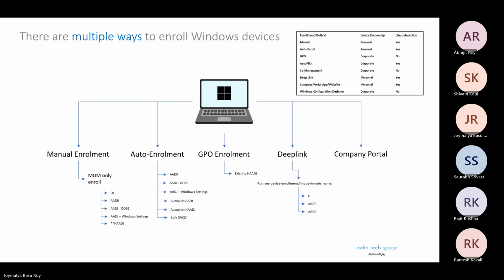There are a few of the management states and a few of the domain join states that are hardly coupled with each other, like the hardly coupled and loosely coupled concepts we learned about in school and college. I don't mean couple as in a relationship pair. So there are a few join states and management states which are hardly coupled, like Azure AD join with auto enrollment is a hardly coupled state.